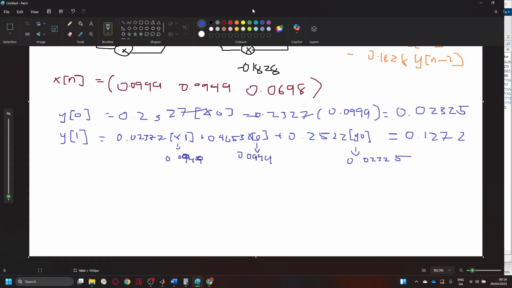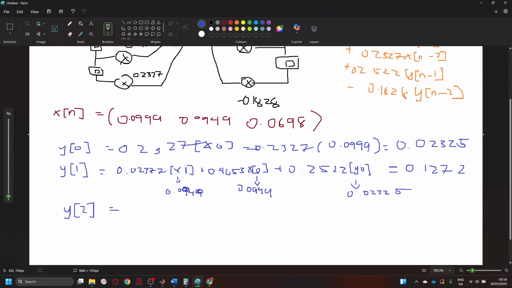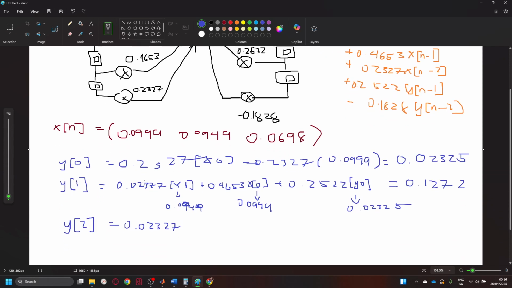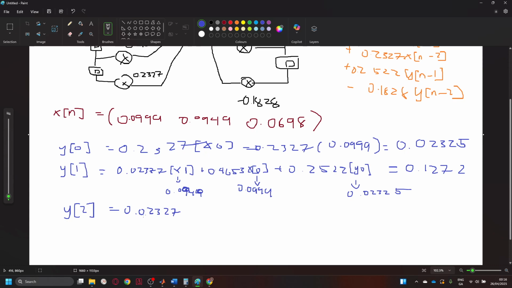So for the next one, it's going to be y of 2. 0.2327 times x of 2, plus 0.4653 times x of 1.